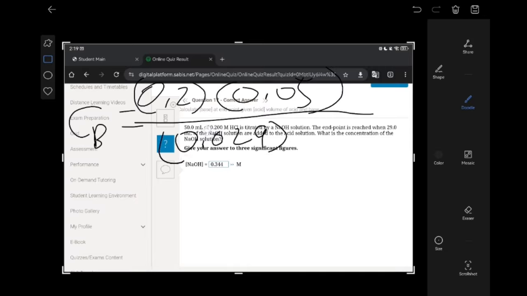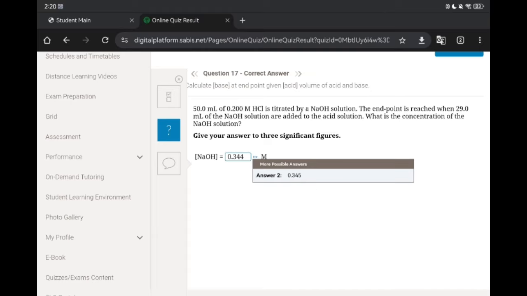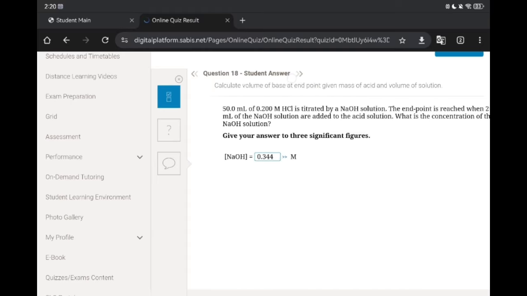Put it on the calculator, double check. 0.2 times 0.05 divided by 0.029. Yeah, you get 0.3448. It should be, if you look here, I don't know why it's not. See, this is another accepted answer if you round it up.